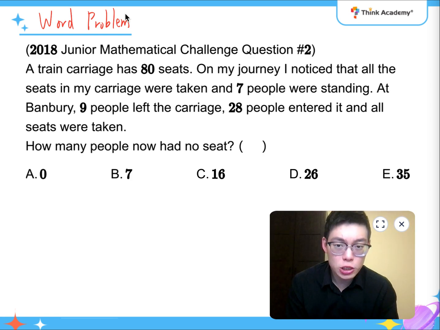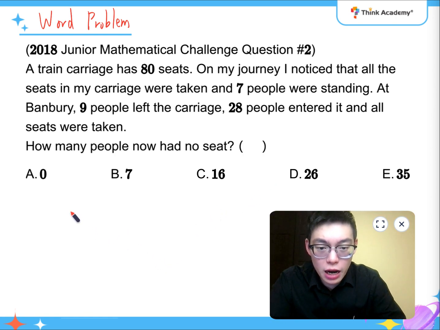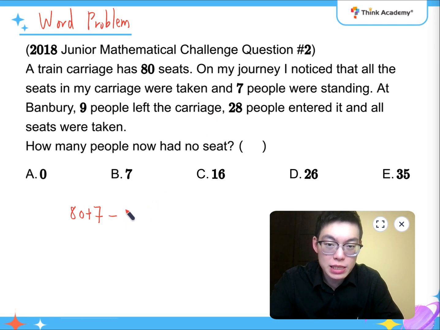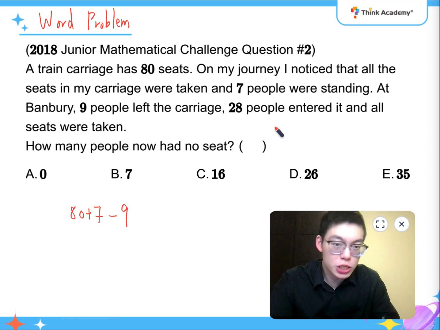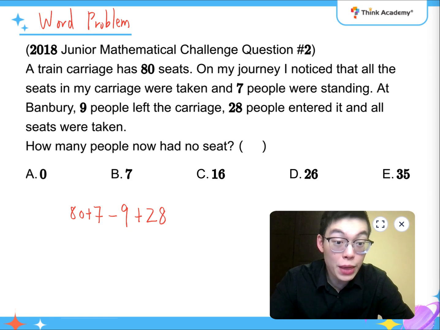It says that a train carriage has 80 seats, and all the seats were already taken where 7 people were standing, which means that there are now 80 plus 7, which is 87 people in the carriage. And it says that at Banbury, 9 people left the carriage, which means that there will be 9 less. 28 people entered it. So we are adding 28. And now that's the total number of people there.